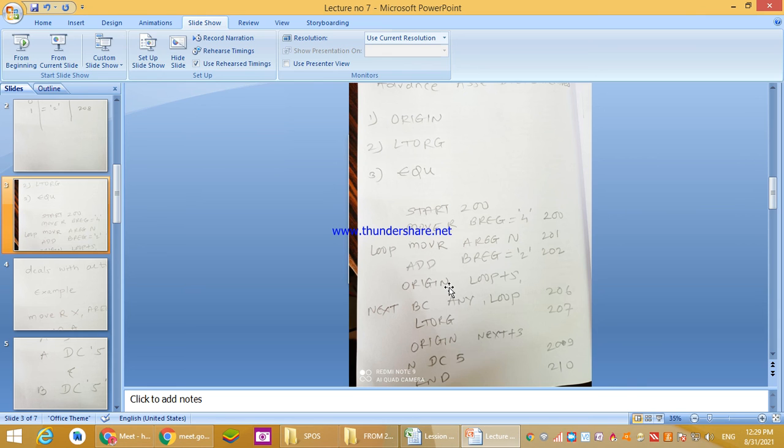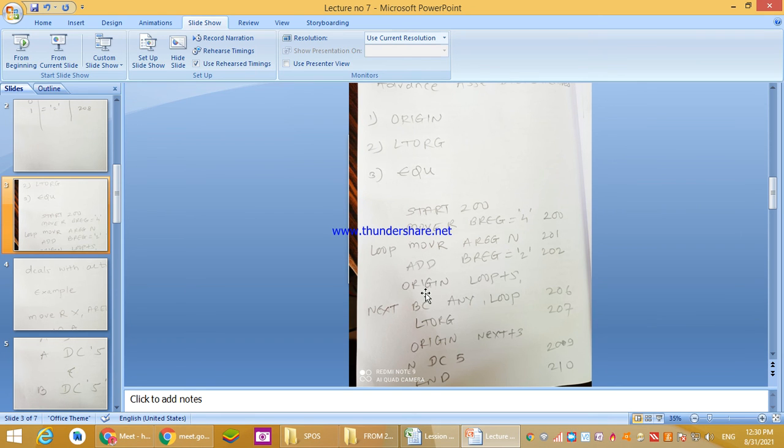If we have to increase the address of any statement, then we have to use origin loop plus 5.